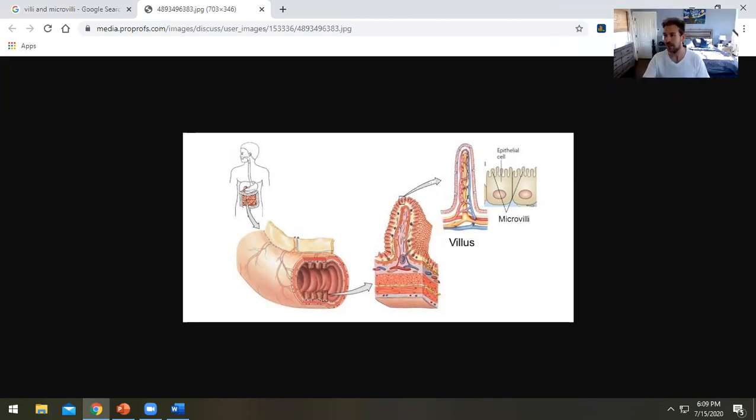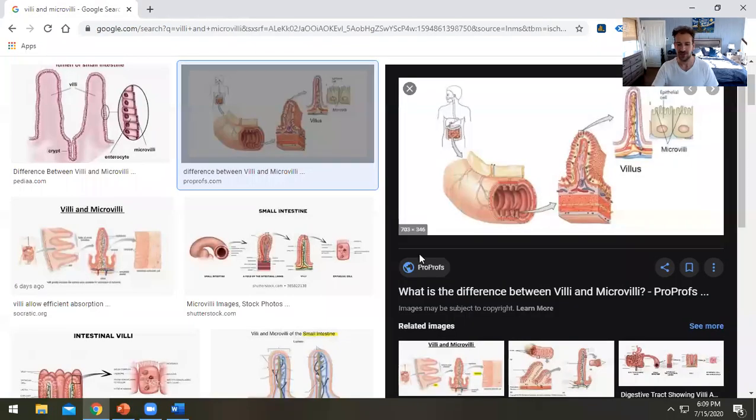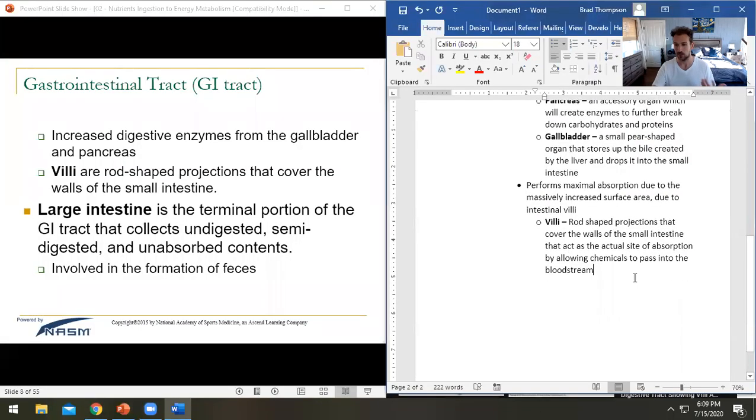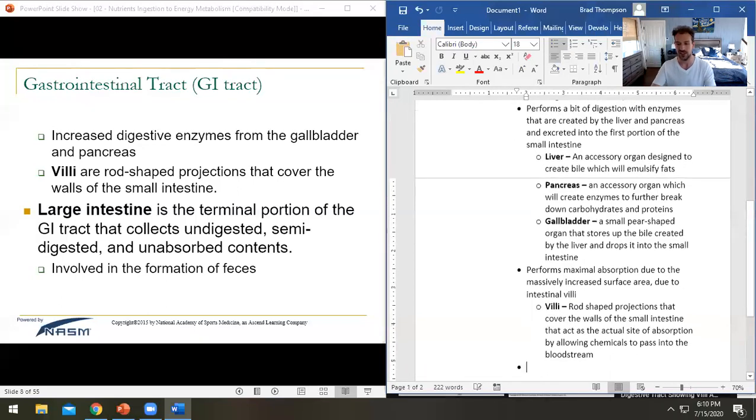Anyway, I always love to mention that, because we have to understand that in order to understand what absorption actually is. So your villi are the sites that have the specific size slots to allow for food to pass into your bloodstream, not other materials. Now you do also have your large intestine.